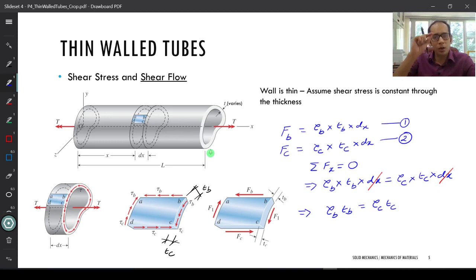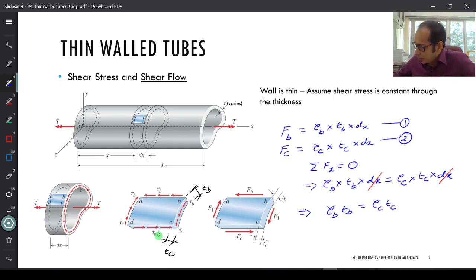So all along this thin wall tube, all across the cross section of this thin wall tube, the product of the shear and the corresponding thickness, remember this T varies, so I had a different thickness here and a different thickness here, I had a different shear here, I had a different shear here as well, but the product of the shear and the thickness at that particular point remains a constant.